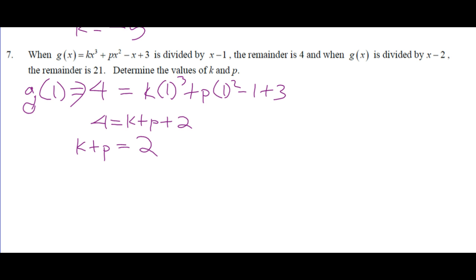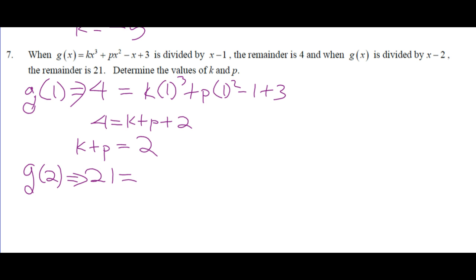Now I just like to rewrite it so that my unknowns are on the left-hand side. I like systems when it's like x plus y equals. Okay, what else do we know? g of 2 is equal to 21. Okay, I'm going to say leads to because I just don't like stringing equals along a line.